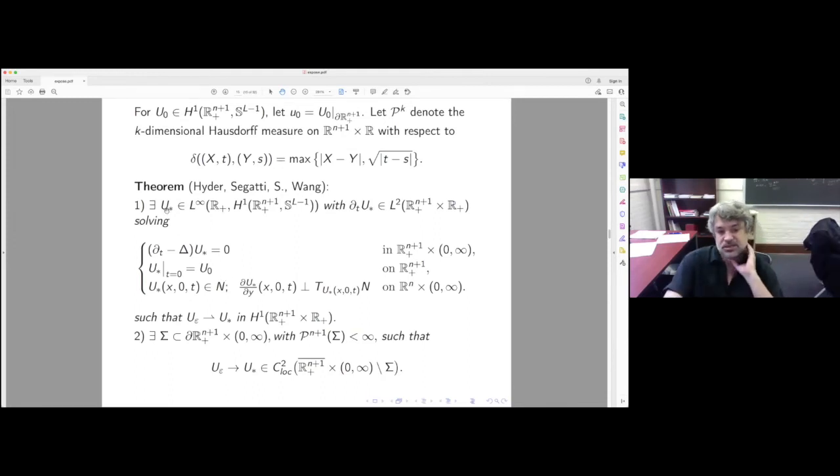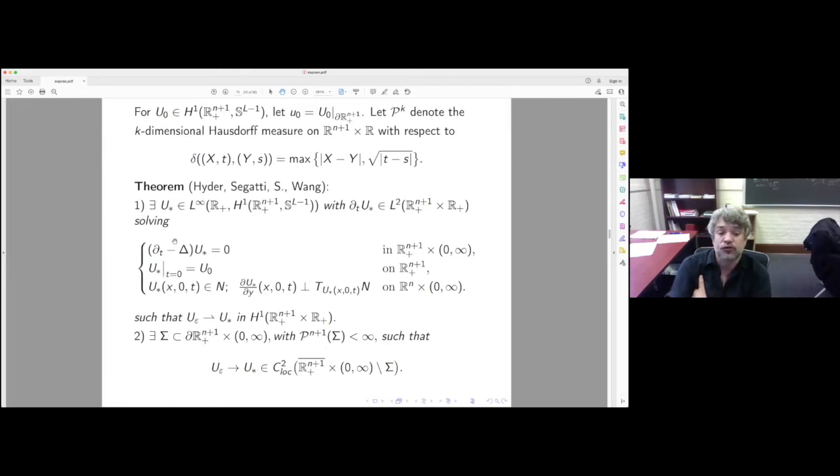There exists a weak solution, infinity in time, H1, with a time derivative which is a strong solution in the language of parabolic equations, an L2 function, satisfying this in the distributional sense, such that it comes as a weak limit of u epsilon, where this limit is actually strong in C^{2,alpha} away from a singular set.